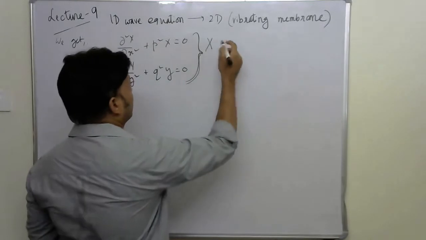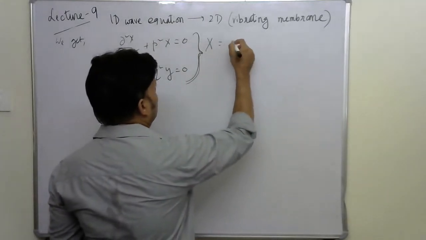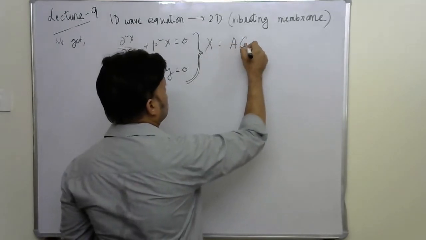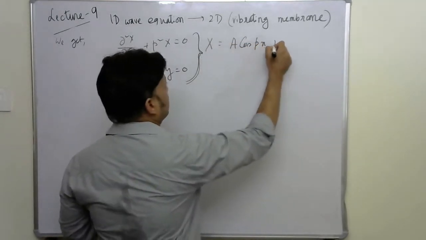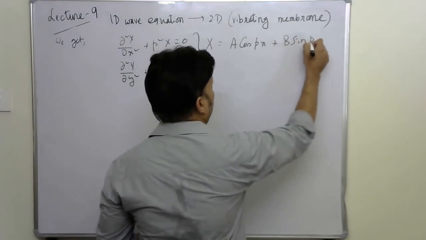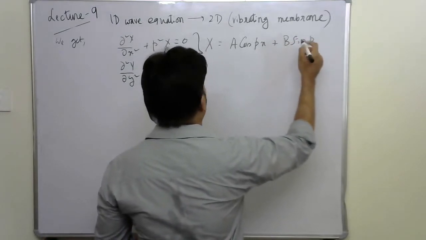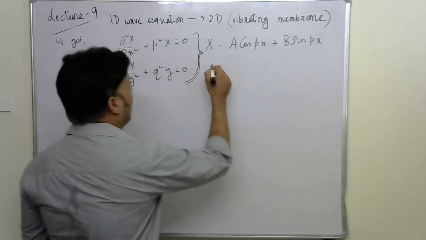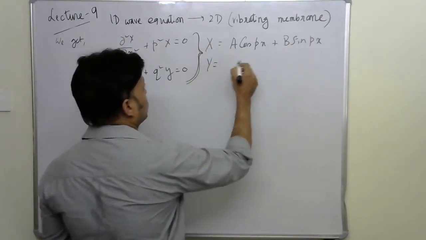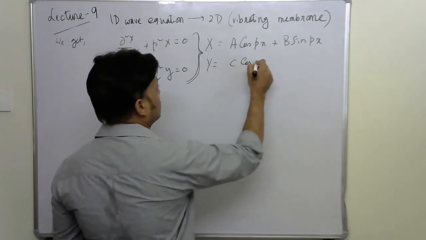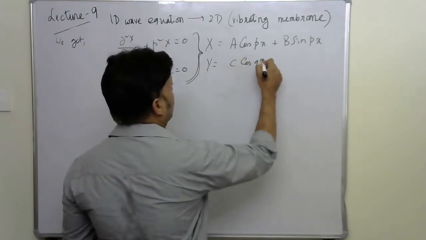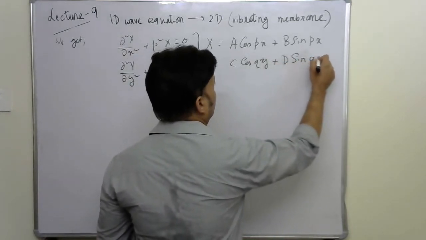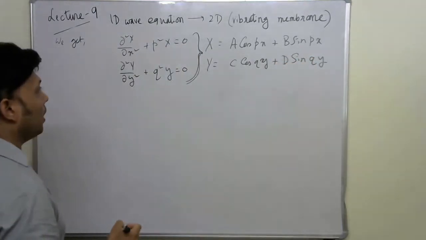We know that X is equal to a cos px plus b sin px, and Y is equal to c cos qy plus d sin qy.